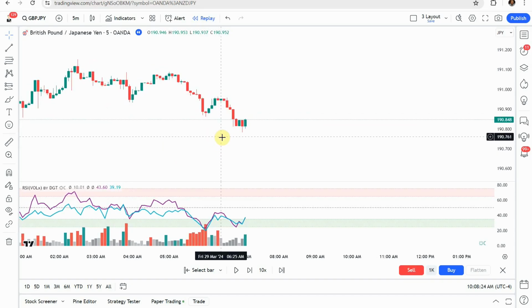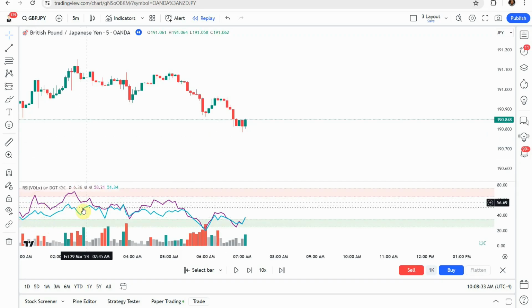And so the source video explained that the best way to use this indicator is to identify divergence. And they used these oscillating lines here, the upper part of the indicator.